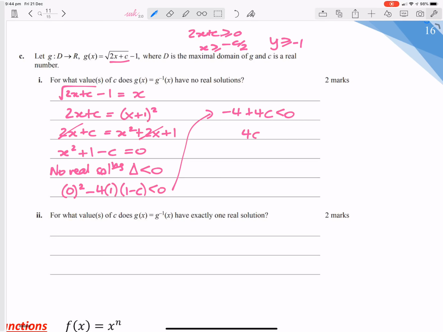We get 4c has to be less than 4. c has to be less than 1. So if c is less than 1, we have no real solutions. I mean that they don't intersect.